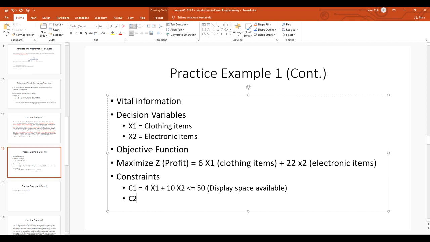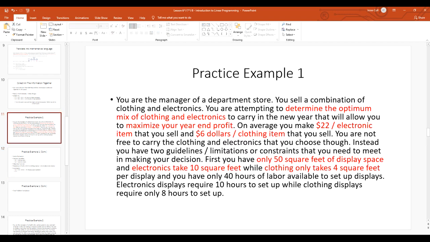C2 is equal to, and in this situation we'll go back and we see our second constraint is we have only 40 hours of labor available. Electronics requires 10 hours. Clothing requires 8 hours. So now we have this second constraint governing our choices.